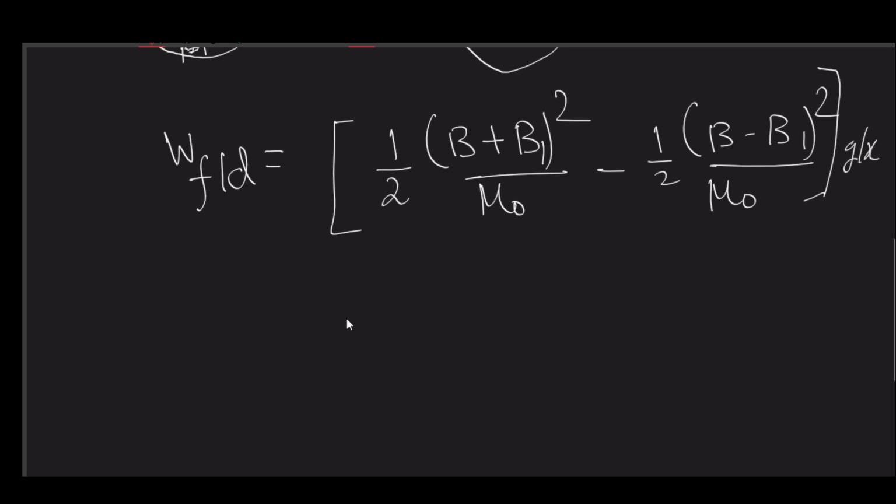Unless you allow flow of current through your motor armature, B1 will be 0, and therefore the two sides will cancel out each other, so you have W field equal to 0.